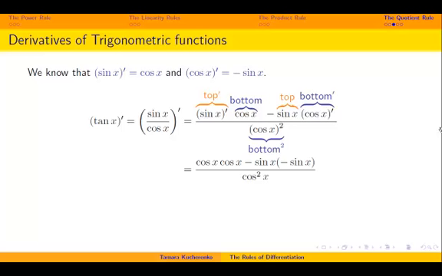We simplify. Cosine x times cosine x is cosine squared x, and negative sine x times negative sine x is positive sine squared x. We obtain cosine squared x plus sine squared x in the numerator and still cosine squared x in the denominator.